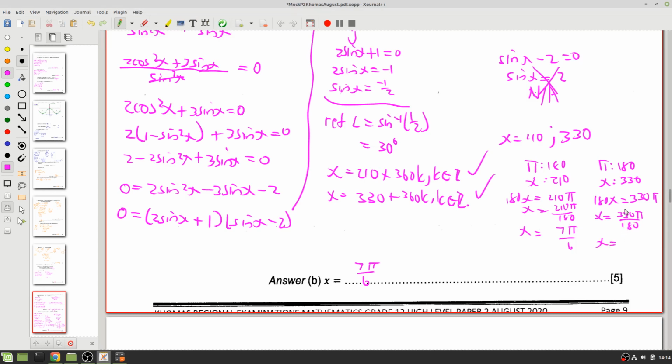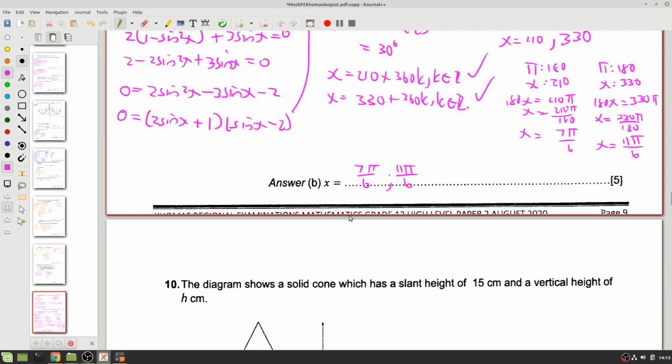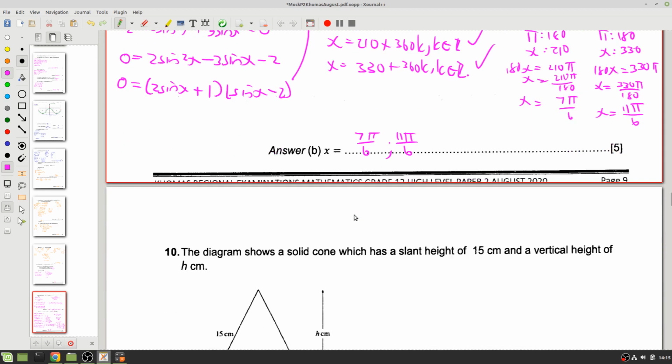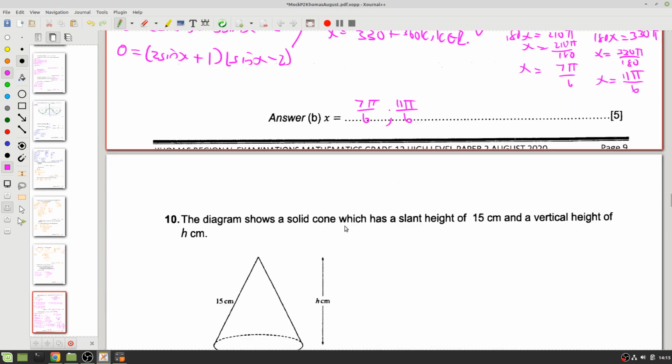And if we simplify this, divided by 30, we get 11 pi over 6. Good, so those are our two answers here. Very nice. Okay, that's it for question 8 and 9, and then we'll have a look at question 10 shortly.